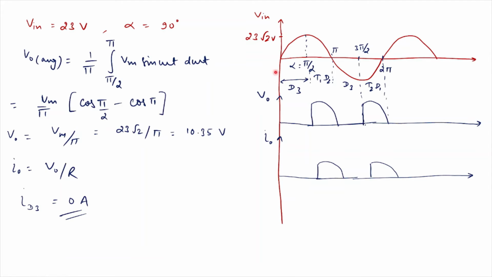Its maximum value would be 23 into root 2, because 23 volt would be the RMS voltage. So 23 into root 2 would be the maximum voltage of input to the rectifier, and the durations are given here. Now the voltage V naught, how will it vary?